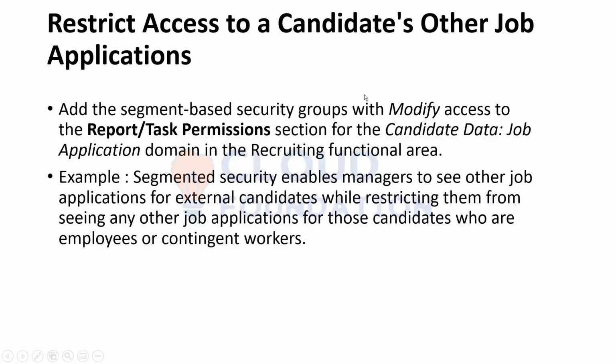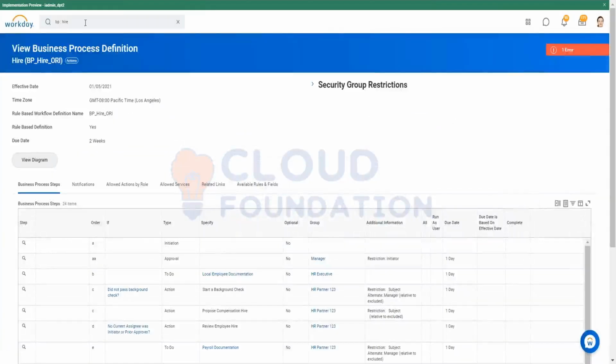So for such kind of features, we have to create a special kind of security group called a segment-based security group. As the name suggests, this particular security group will have only a segment of access to a particular feature. So let me show you how we can create a segment-based security group.